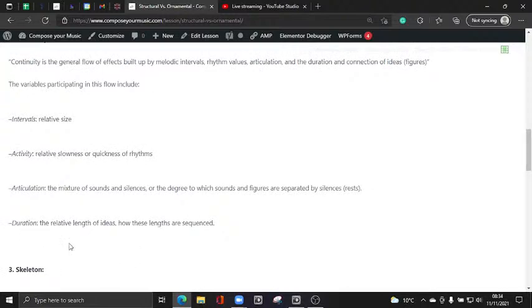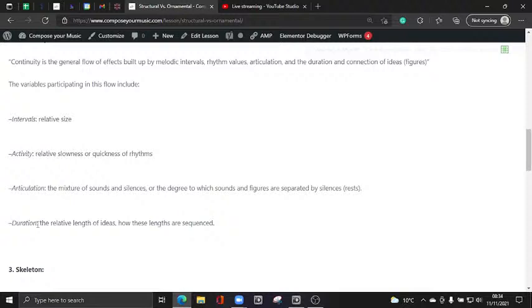Duration: the relative length of ideas and how these lengths are sequenced. If you have a very long motif, you're going to have a very long invention. If you have a short motif, you're going to have a short invention.